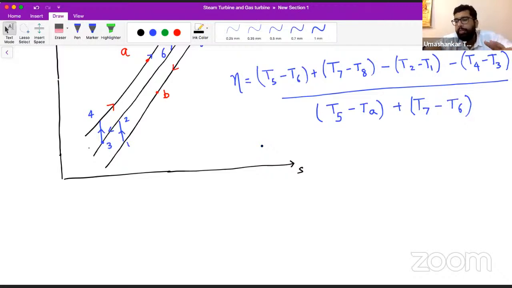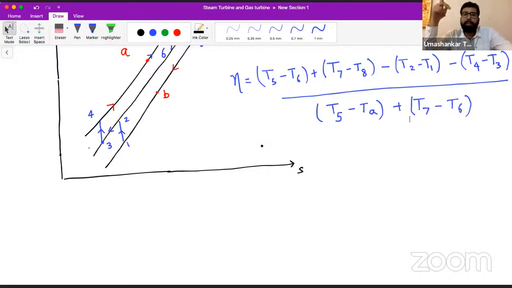So what cases have we seen? Firstly, in the gas turbine cycle analysis, we have seen how the ideal Brayton cycle works. Then we saw the effect of pressure ratio on the efficiency as well as the work done. Then we derived the expression for the maximum work that can be obtained and what the optimum pressure ratio shall be for that.